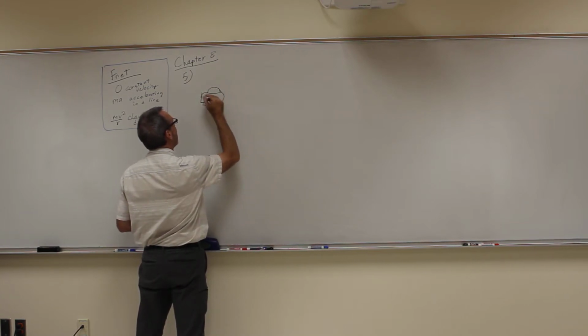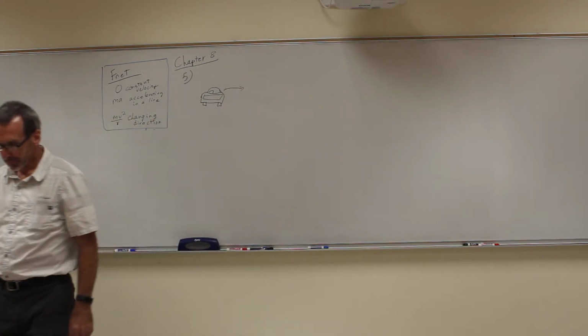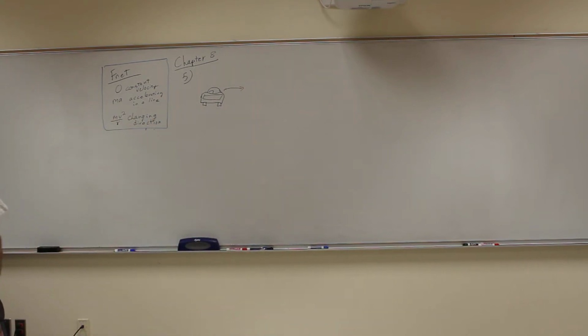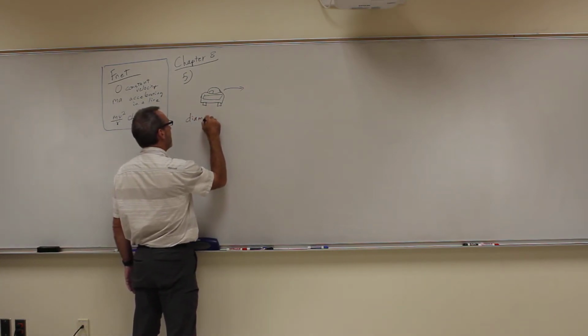Looking at it from the back, here's the trunk of the car. Here's the steering wheel. All right, a 1,500 kilogram car is going to make a corner to the right. And the corner has a diameter of 200 meters.